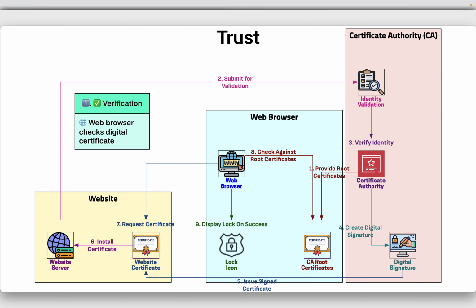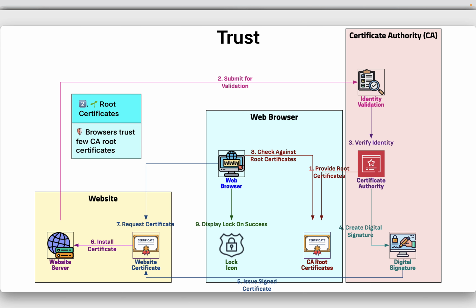Okay, what is a trust? For a web browser to trust a certificate, it needs to check the website's digital certificate. Browsers only automatically trust a few certificates called CA root certificates. So if you have used a browser, you will see VeriSign and some top level ones, they are called root certificates, and your browser comes pre-installed with those root certificates.